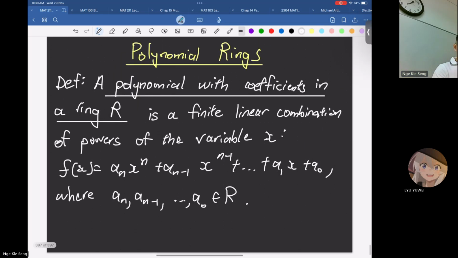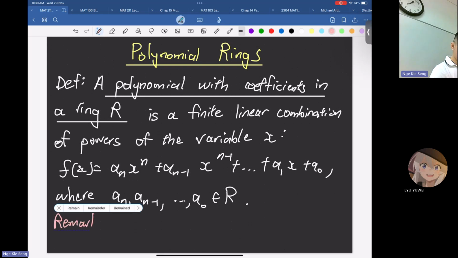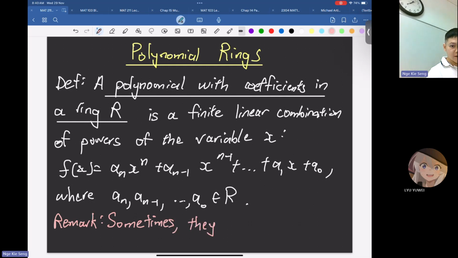We will call these formal polynomials, to distinguish them from polynomial functions.